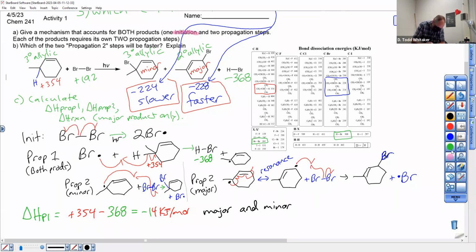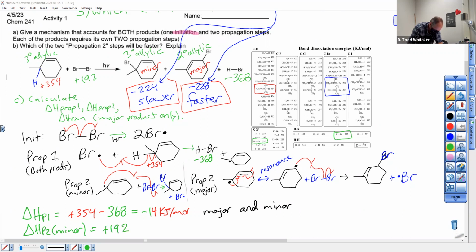Delta H prop 2, minor. You're breaking BrBr. How much energy to break open BrBr? Positive 192.